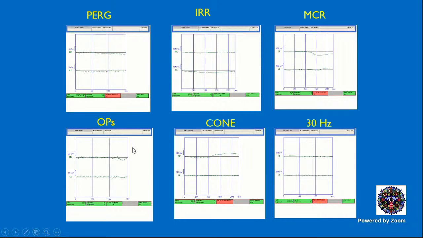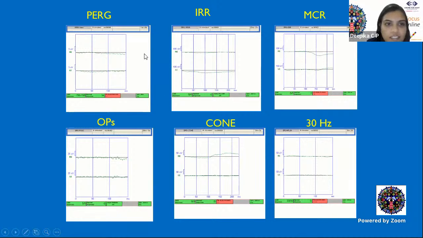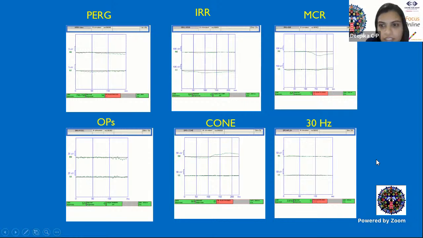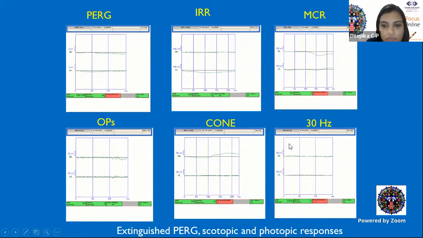Yes, very good. Can you also comment on the pattern ERG box over here? It is not showing any response from rods and cones. Yeah, so that means the pattern ERG is not showing the response from the macular photoreceptors, that is cones. Okay, so as you rightly said, there are extinguished photopic as well as scotopic responses, and we are seeing over here that the pattern ERG is also extinguished.